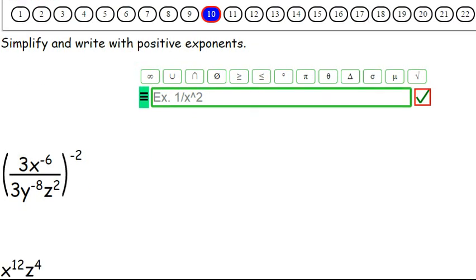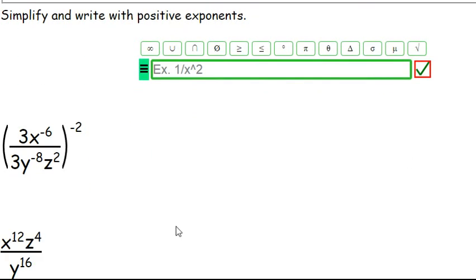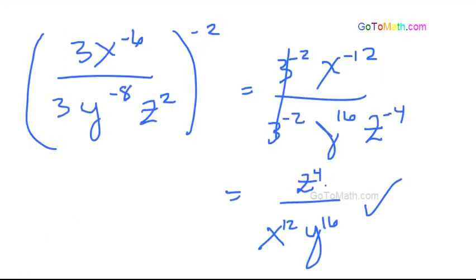Alright, z to the 4th, whoa, wait a minute. What happened here? I got in a big hurry. Okay, that's a positive 12. Sorry about that.